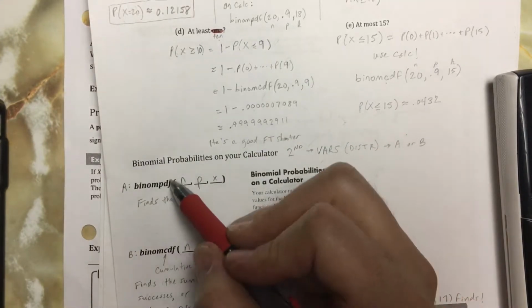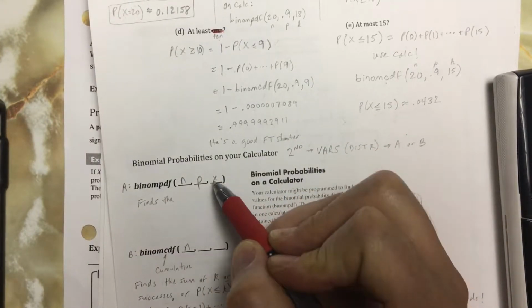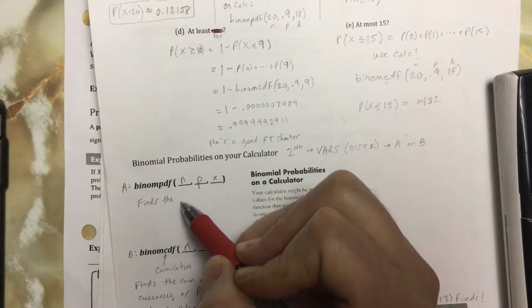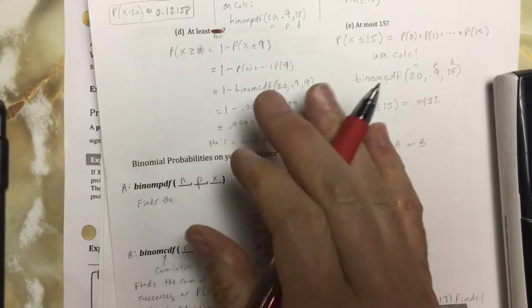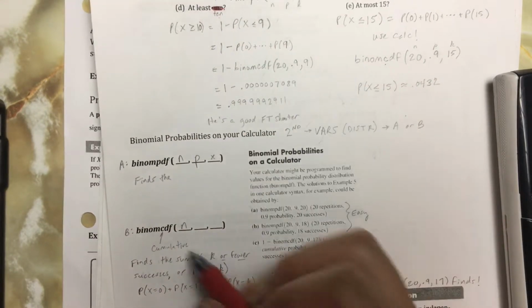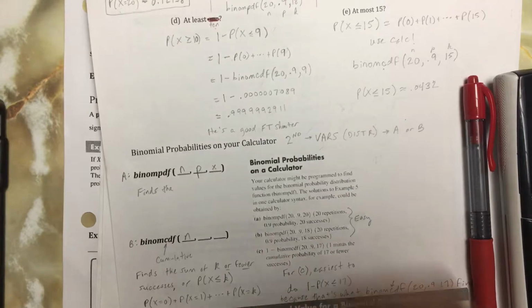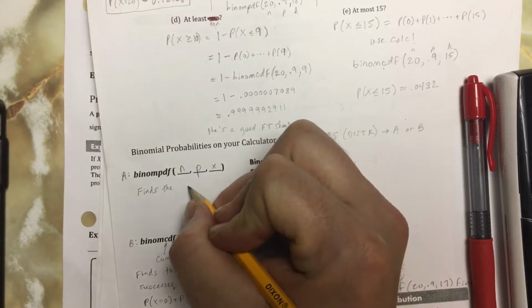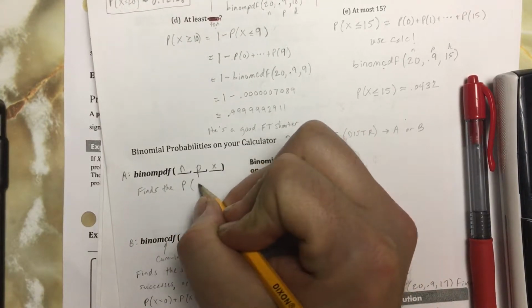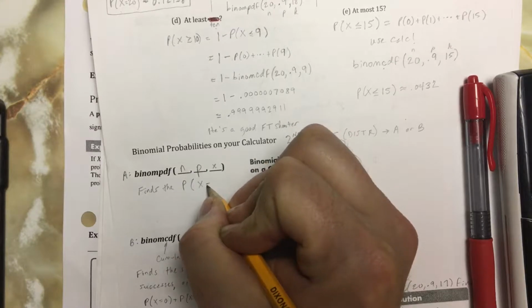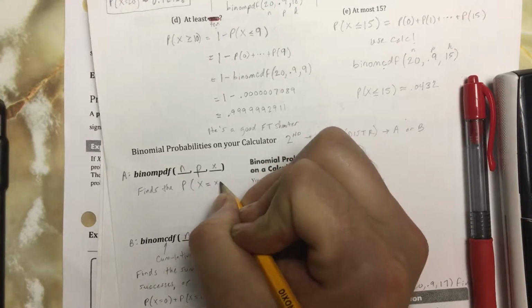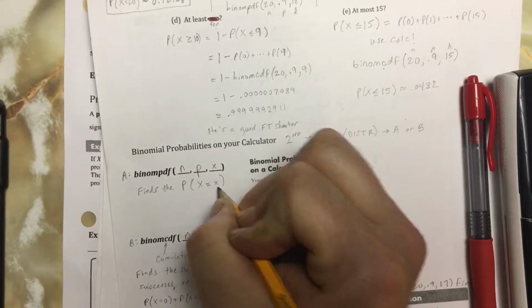This finds the probability of exactly that number of successes. Binomial PDF finds the probability of exactly X successes. That is, the probability that our random variable has exactly X successes.